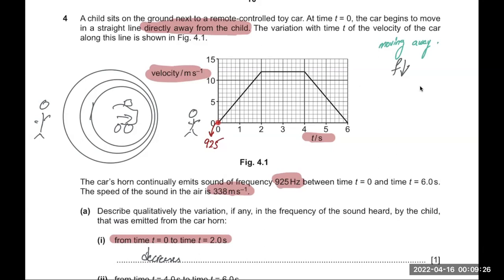As it moves away, the observed frequency decreases. Let's say it decreases to the lowest value at this point, and let's make that 800 hertz. So from this point all the way up till this point, the frequency is 800 hertz.